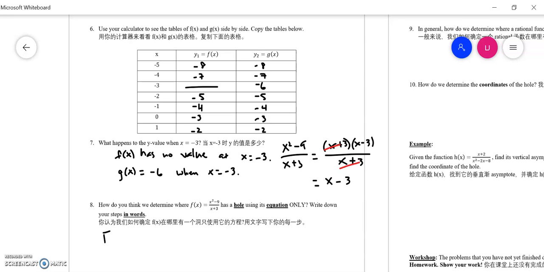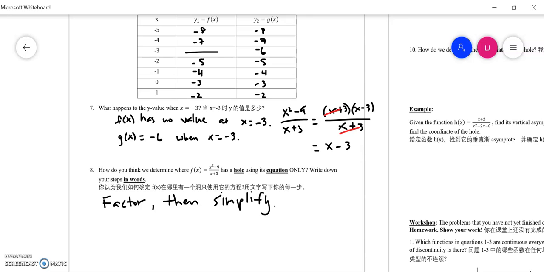We're going to factor, then simplify. Now remember, f of x had the hole and g of x didn't. So what factor does f of x have that g of x does not? Well, it's got to be the factor that we crossed out. That's the x plus 3 factor. That's what's different about f of x.